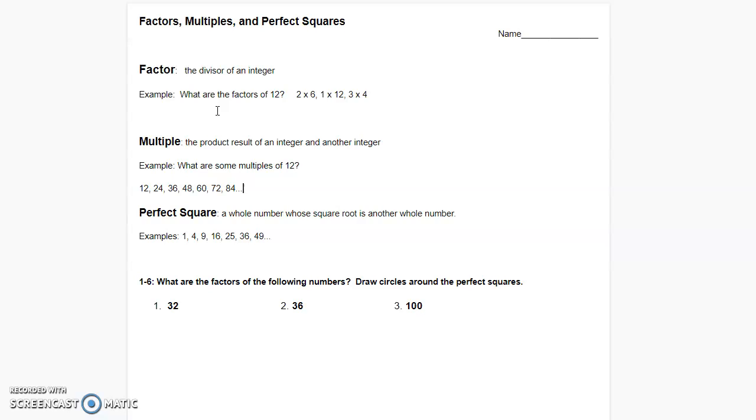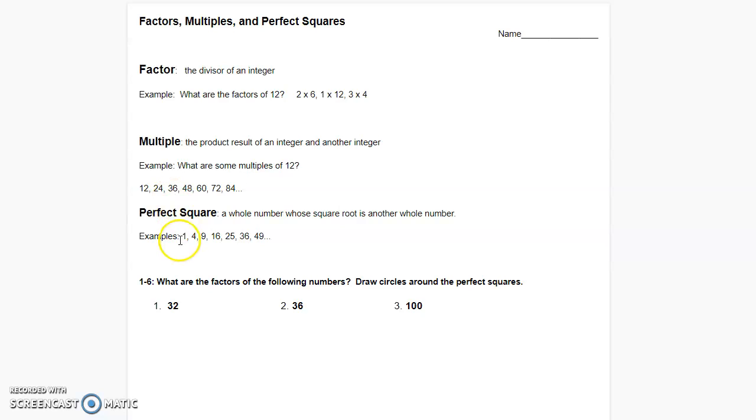A whole number is also a number that doesn't need fractions or decimals, but is only positive. Maybe that's something I should have had up here too. Well, a perfect square is a whole number whose square root is another whole number.